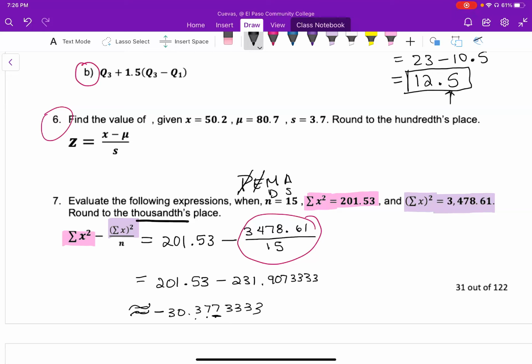This is the place, and this is where I look. This is what helps me decide. So we're at negative 30.37, and then the 7. The 3 is less than 5, so I don't change. I don't go up 1. And we're left with negative 30 and 377 thousandths.